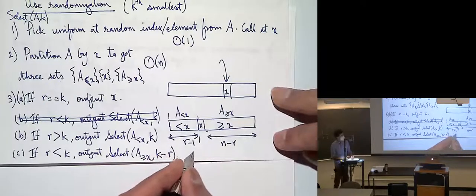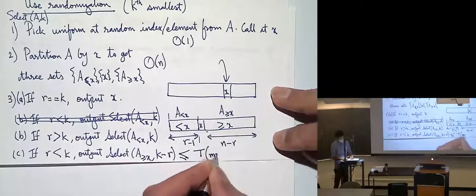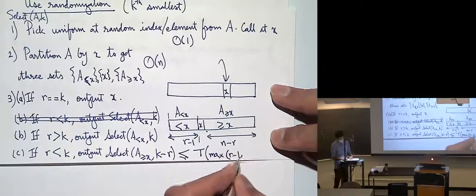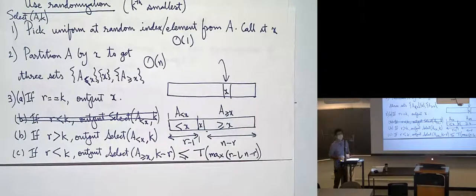So I'm just going to upper bound this by saying the running time here is the max of r minus 1 and n minus r. Is that clear?